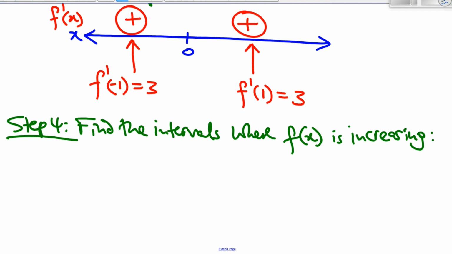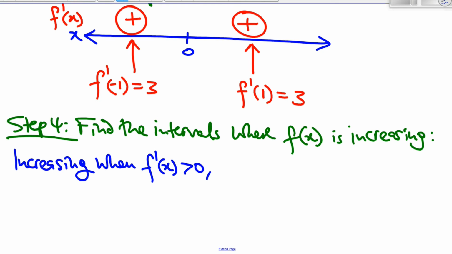So we know that a function is increasing when the first derivative is greater than 0, and that's what's happening here. So in this function, the function is increasing when x is less than 0 and when x is greater than 0, because at x equals 0, it's a stationary point. Nothing is happening there.